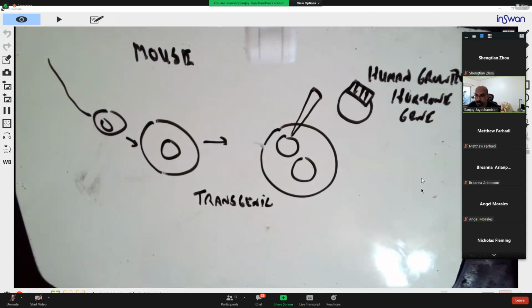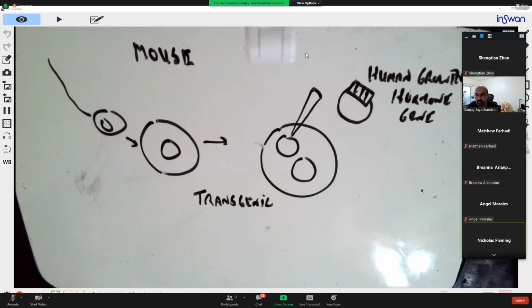Take a guess. So what would it look like? I'm going to express this gene in every cell of the body. What would it look like?